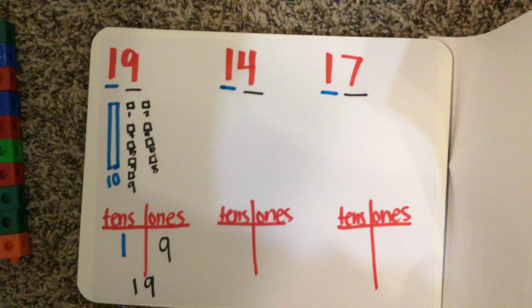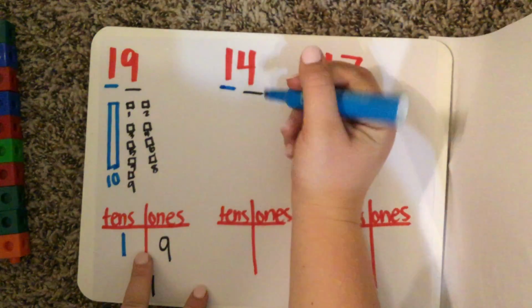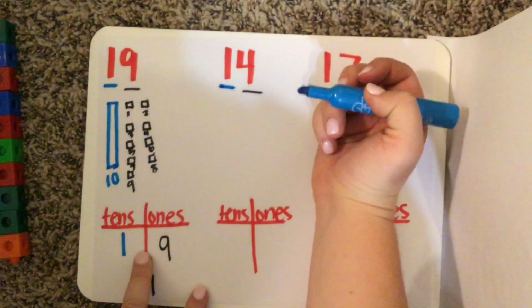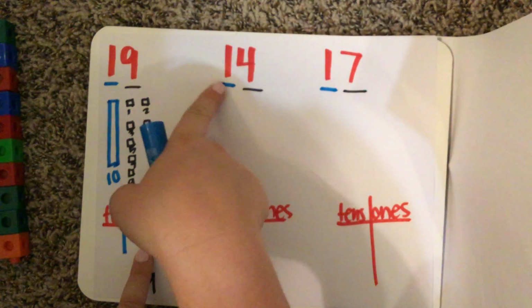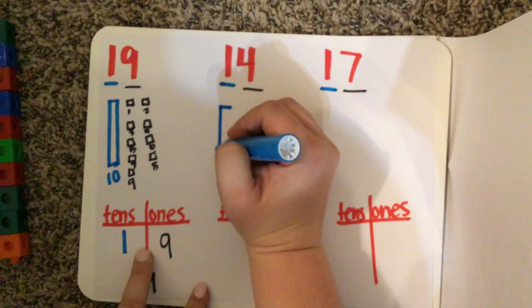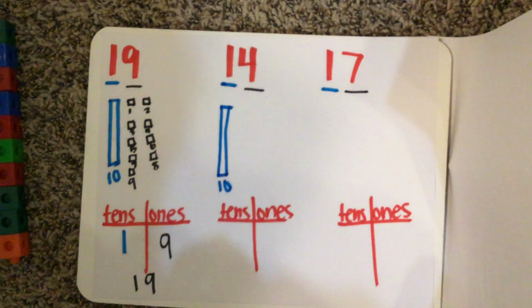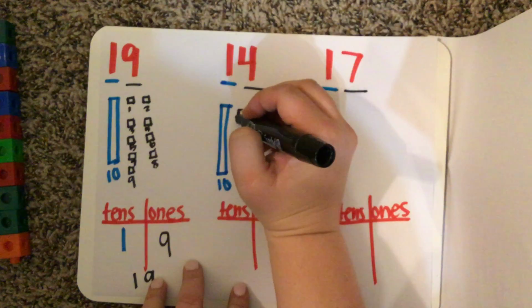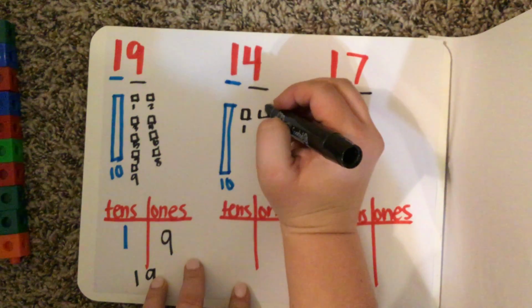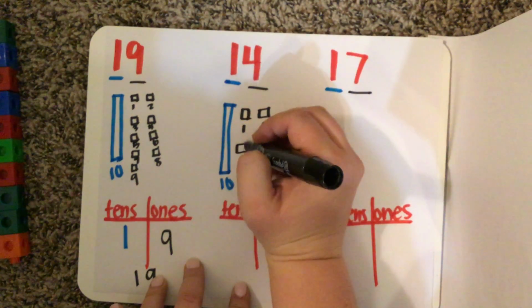Okay. We'll do the next one together. If you want to get out your paper and pencil, we can do this together. So I know that I have a 1 in my tens place, so I'm going to draw 1 rod and put a 10 underneath. And then what do I do next? I get out my ones and I draw individual squares. 1, 2, 3, 4, and I label each of them.